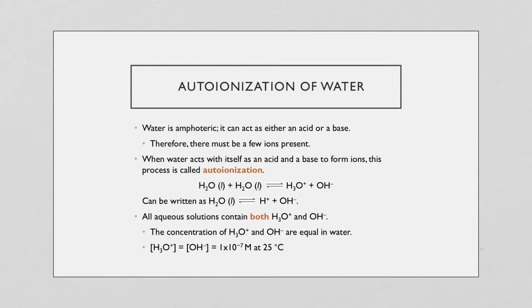So we mentioned already that water is amphoteric, meaning it can act as either a Bronsted acid or a Bronsted base. It can either donate an H plus or gain an H plus, depending on the environment. So what that means, right, is there must be some ions present, right?